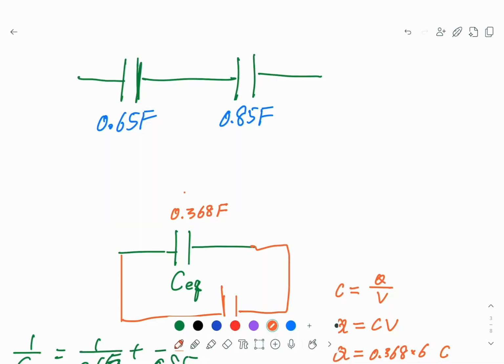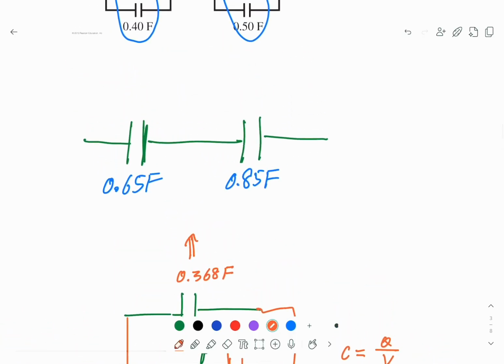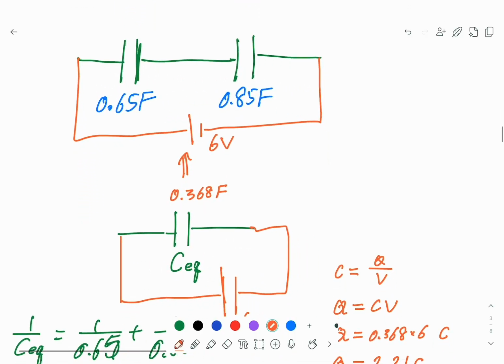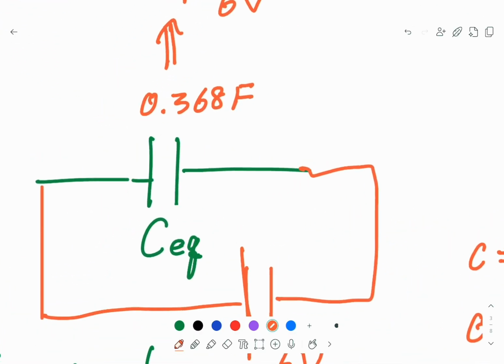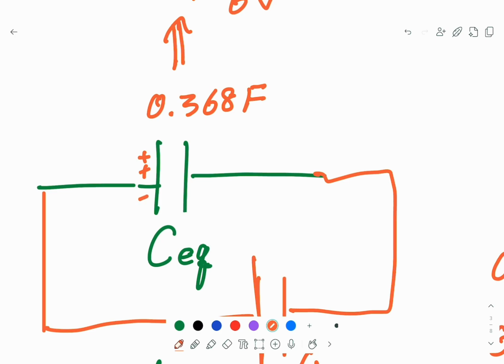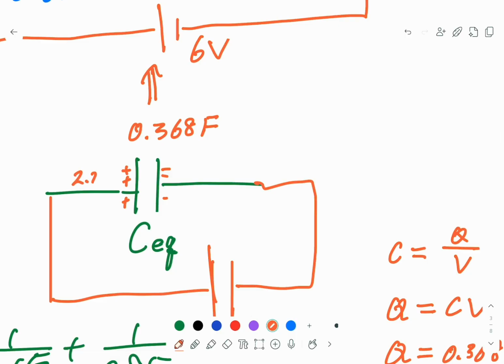Now let's go back here, and now these two circuits are connected in series and then connected to a 6-volt battery, and we just found out there is a positive, negative, and this is 2.21 coulomb.